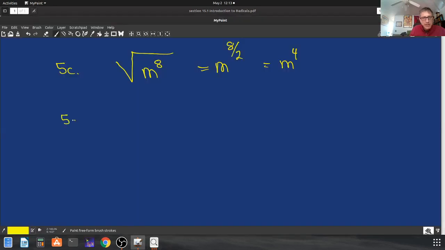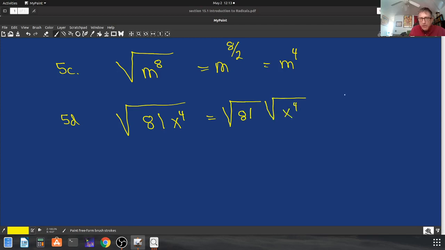Then we're going to do the square root of 81x to the 4th. Well, I'm going to go ahead and give you a little rule here. That's equal to the square root of 81 times the square root of x to the 4th. This is known as the product rule, and I don't see any reason to require you to figure this out any other way. This is the product rule for radicals, in particular square roots.